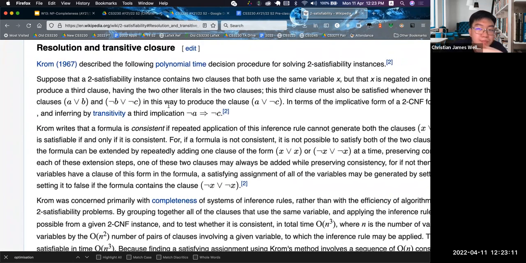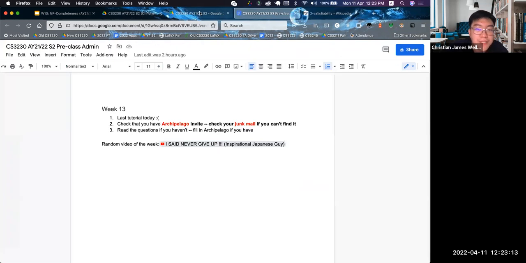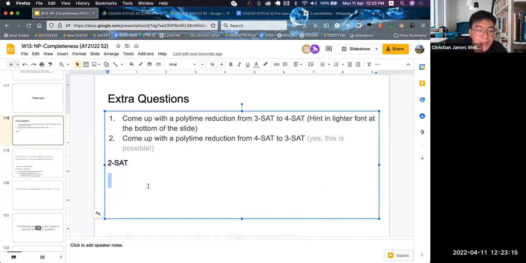I forgot which one. So for example, if I say that A implies B, I think this is equivalent to not A or B, or the other way around. But this is equivalent to this. So what you do is that for every 2-set clause, you convert it to this form, implication.